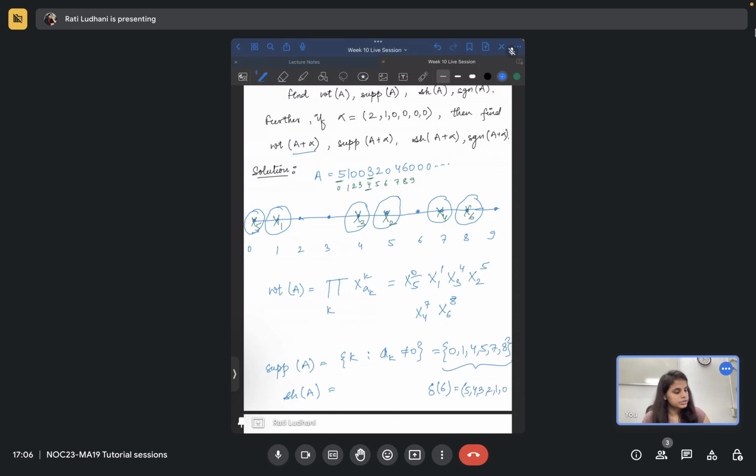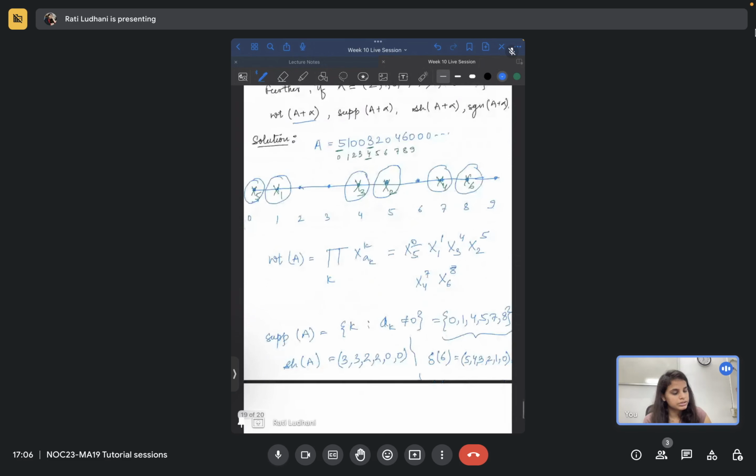Now you subtract it. So 8 minus 5 is 3, 7 minus 4 is 3, 5 minus 3 is 2, 4 minus 2 is 2, 1 minus 1 is 0. Oh, this is the same as in the earlier question. So the shape will be this. Now let's calculate the sign.